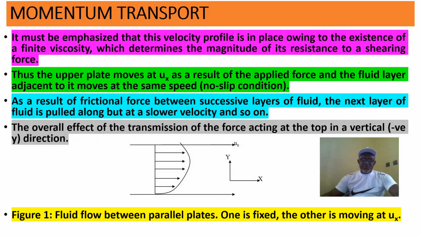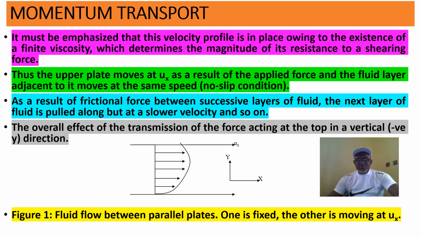Look at the velocity profile there. Towards the wall that is stationary, it is zero and progressively increases to ux, that is the velocity of the wall that is moving. So we can see the velocity profile, of course, because of shearing force.